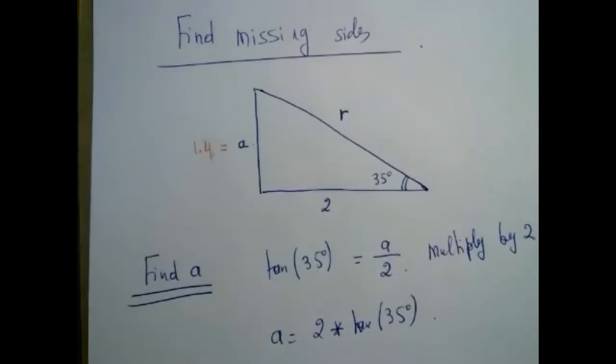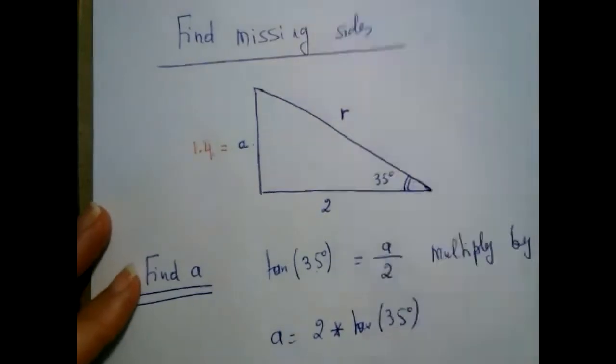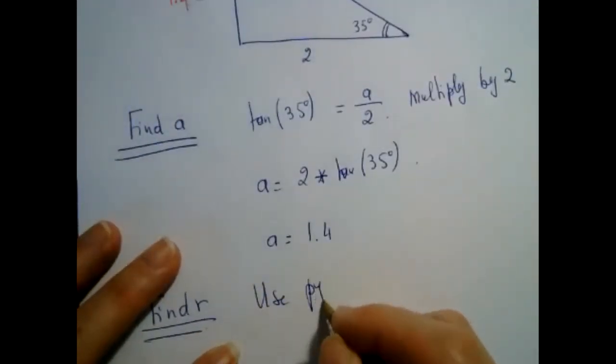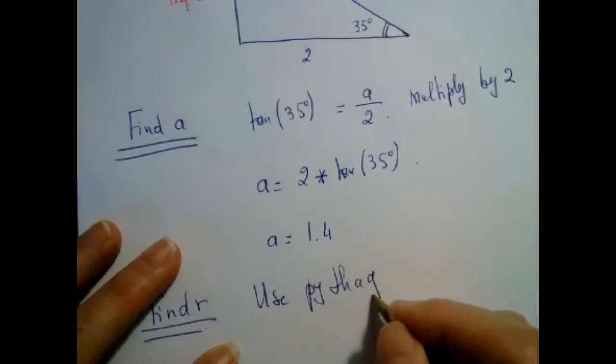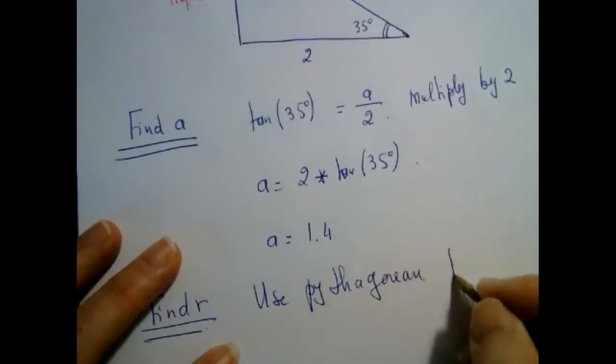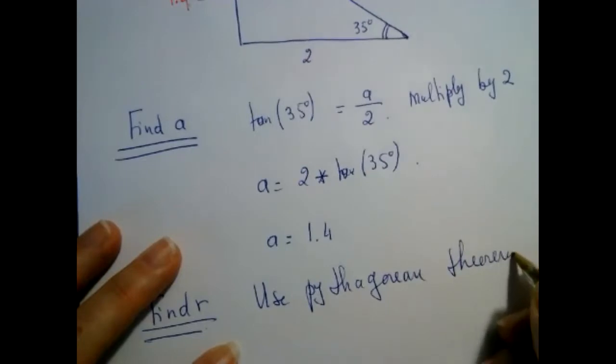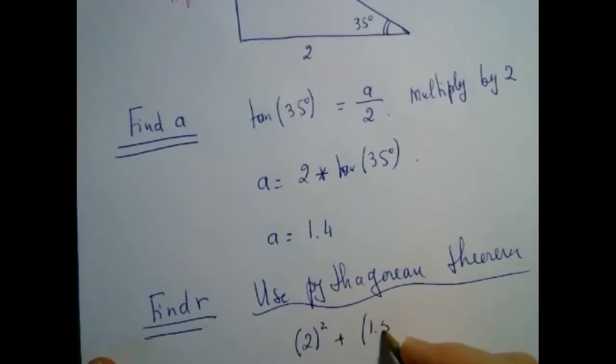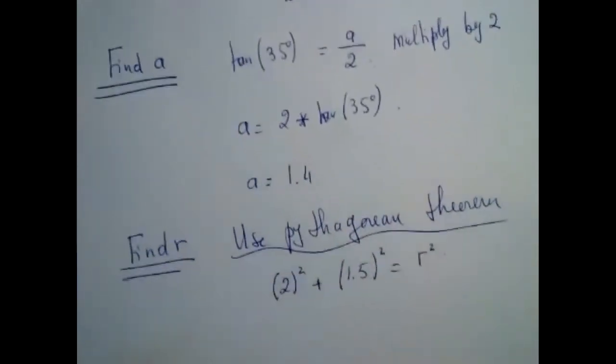To find R, we can use the Pythagorean theorem. There are several ways, but one way is to use the Pythagorean theorem. It tells me that if you take 2 squared plus 1.4 squared equals R squared.